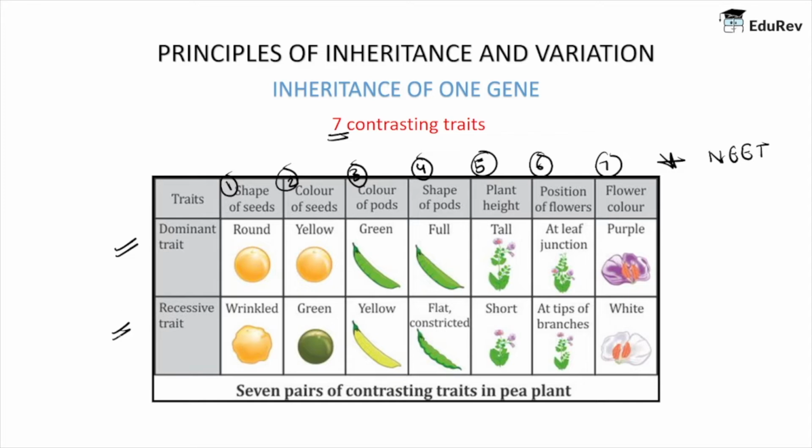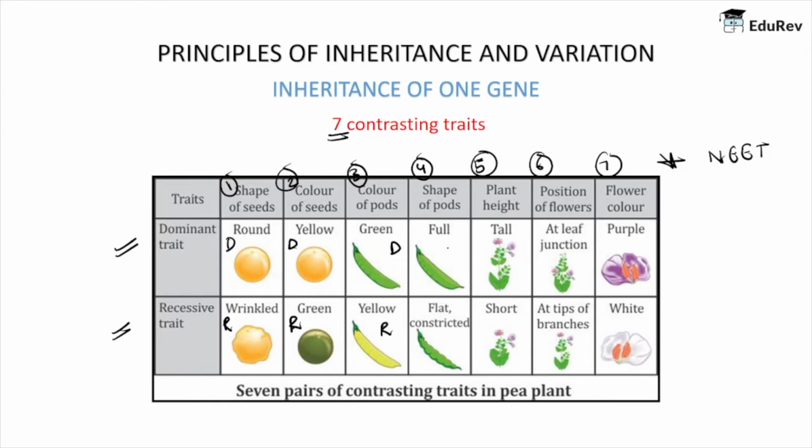These contrasting traits were, in the case of shape of seeds, the round shape dominant and the wrinkled one recessive. The color of seeds, yellow was dominant and green was recessive. Now I'll write down D and R. D is for dominant, R is for recessive. The green color pods were dominant and yellow color were recessive.